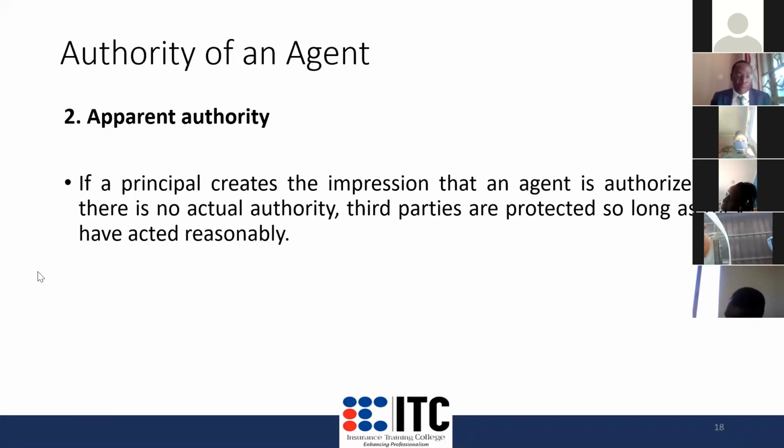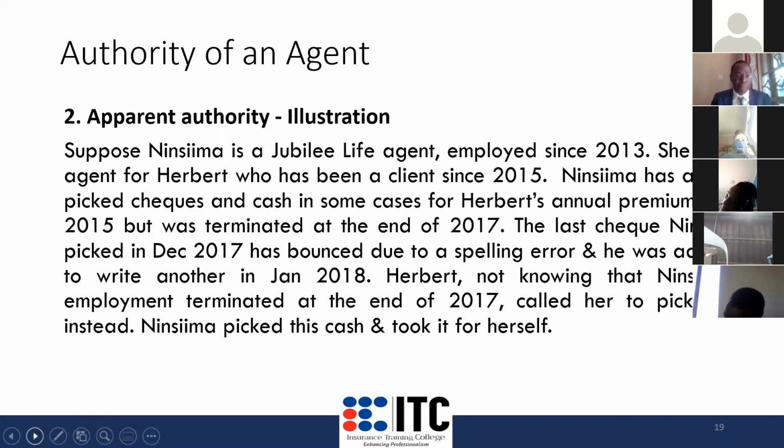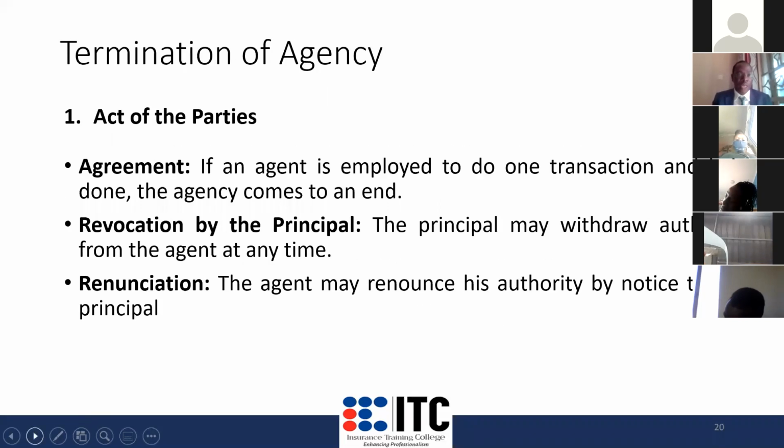So now we'll go straight to the bad news. When something happens to you, termination of an agent. This can be bad or good for any party.